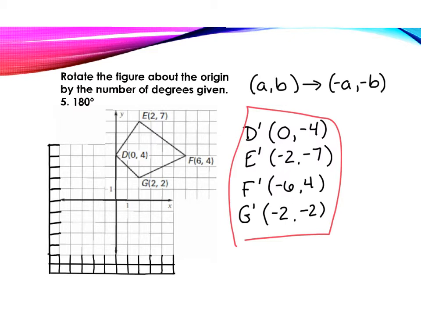And you can see, hopefully, that this figure from the origin has rotated a complete 180 degrees. So that's what we're doing, 180 degree rotation. And you'll do some other rotations in the homework that I've asked you to do.